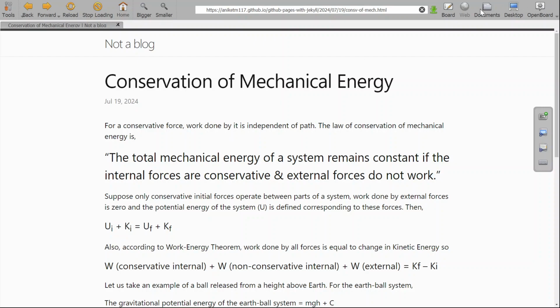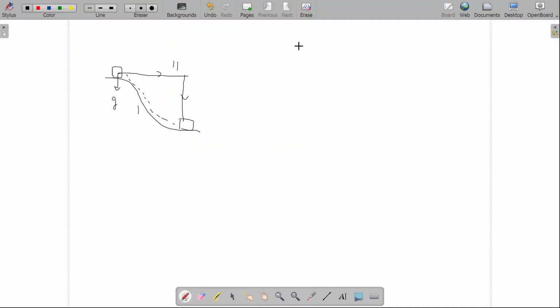So let us take a case to demonstrate what is mechanical energy. The mechanical energy can be abbreviated as ME. It is written as the sum of potential energy and kinetic energy of a system.